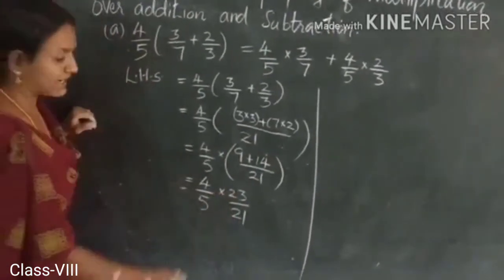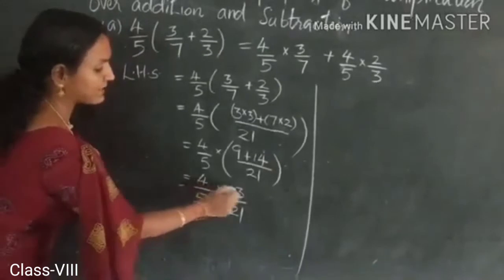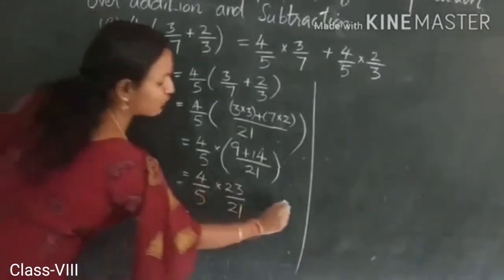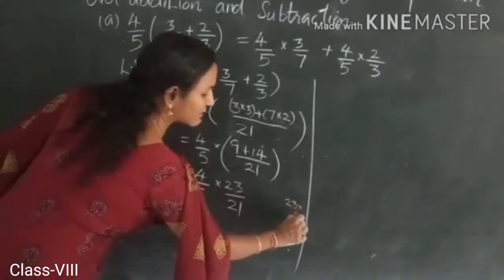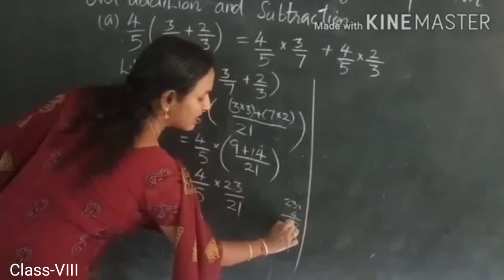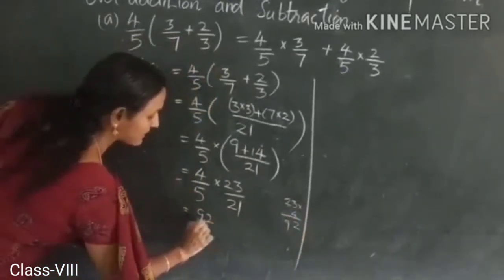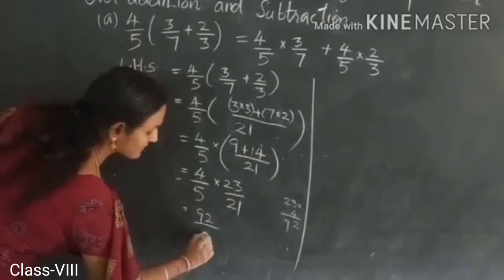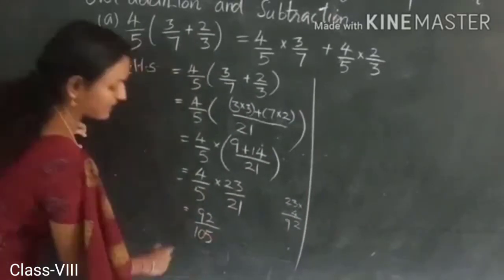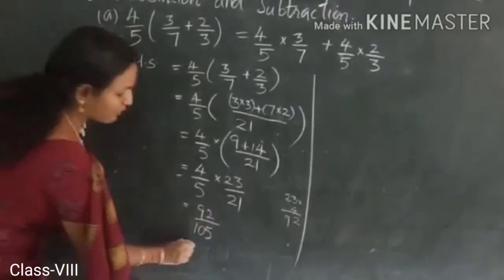Here no cancellation. So multiplying the numerators 23 into 4 is 92 by 21 into 5 is 105. 92 by 105.